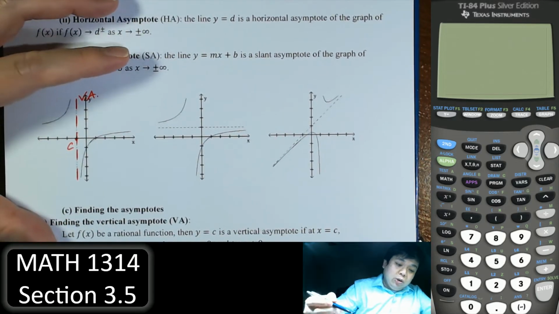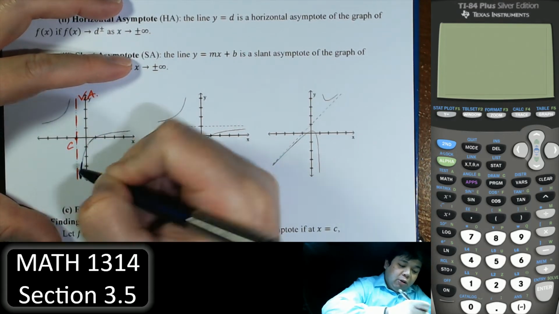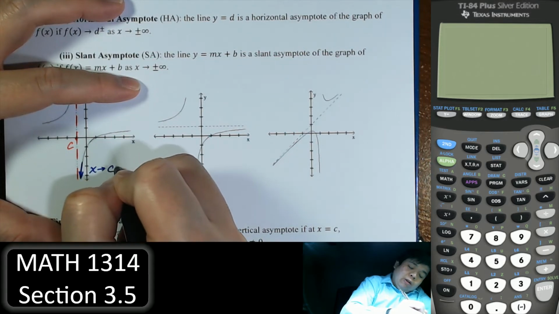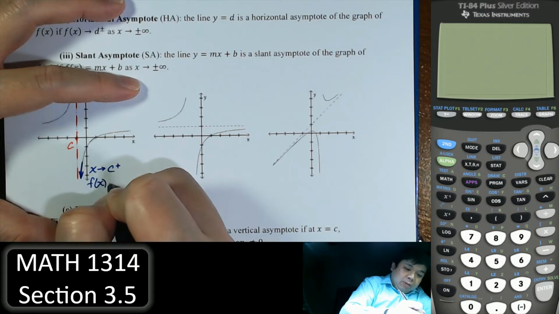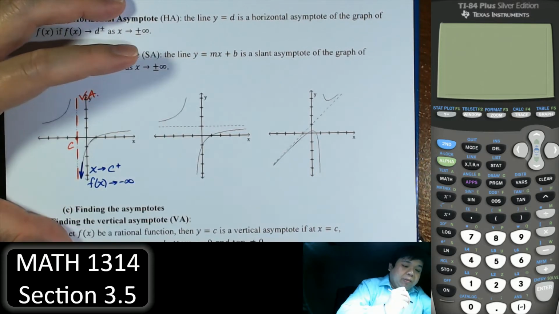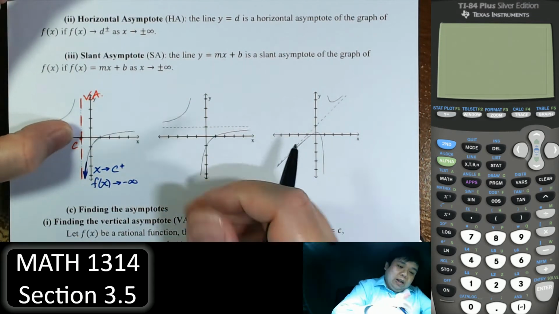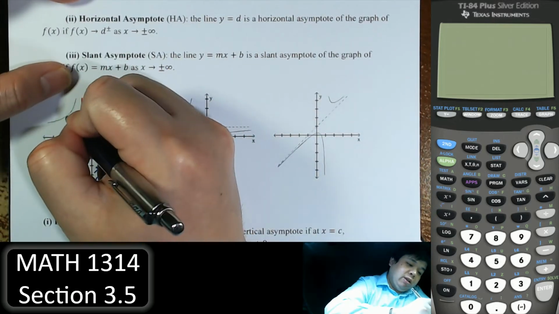So here, if we use the notation, for example, from this one, we said x goes to c from the right-hand side, and the function goes to negative infinity. For that graph, x goes to c from the right side, the function goes to negative infinity.